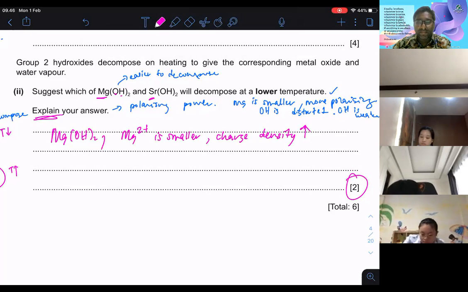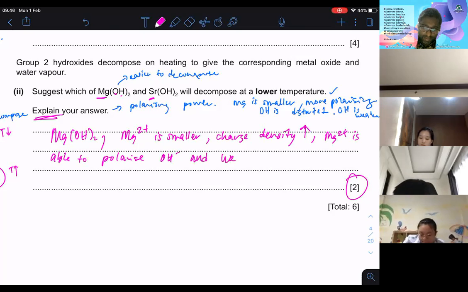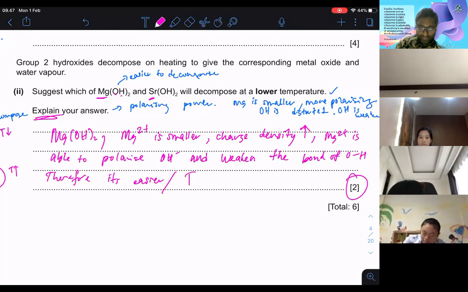If your charge density is more, Mg2 plus is able to polarize hydroxide and weaken the bond of O and H. Therefore, it's easier, or requires less temperature, to decompose.